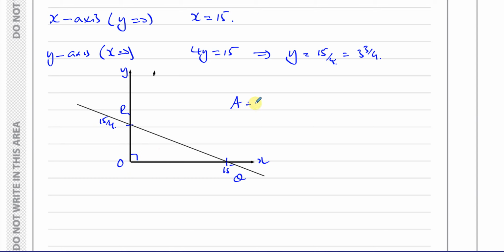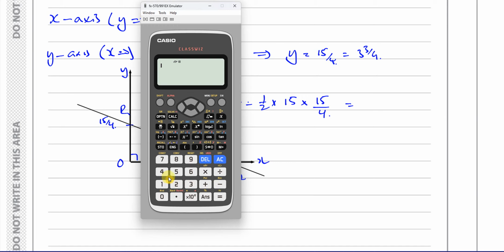So the area equals a half times the base, which is 15, times the height, which is 15 over 4. That gives you a half times 15 times 15 over 4. We can just put this in our calculator and get the answer, no problem.